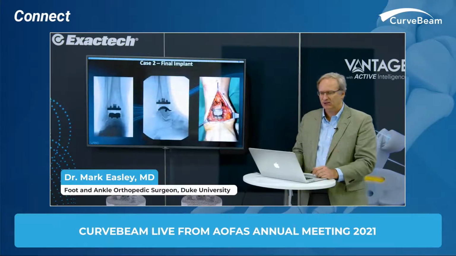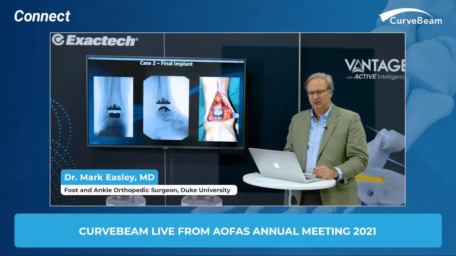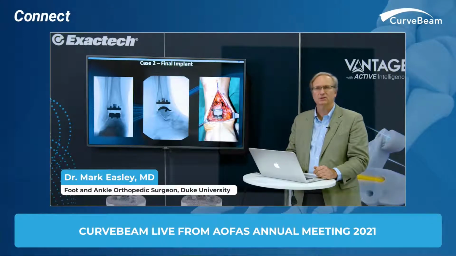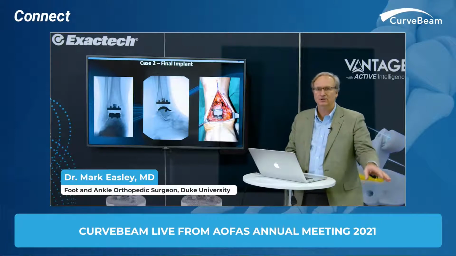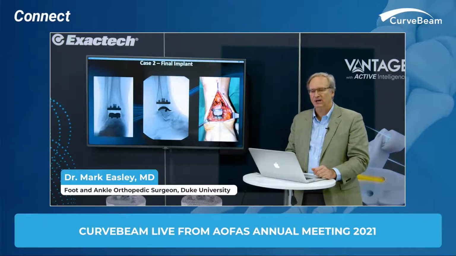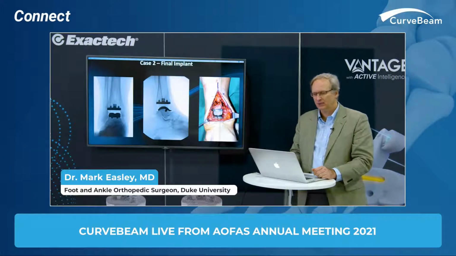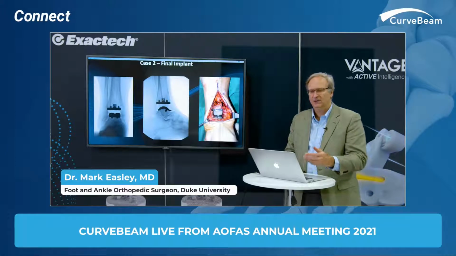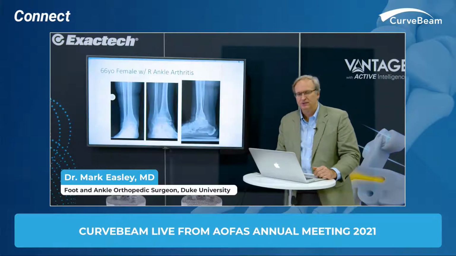And then this is what it looks like at the completion of the procedure. I can't ask for a better alignment, and I really didn't do anything more than just follow what the cut blocks told me to do. And I've already done all the surgery really before I ever entered the operating room with all the planning. So that really makes it a whole different, much easier for me, and I can do it with confidence.